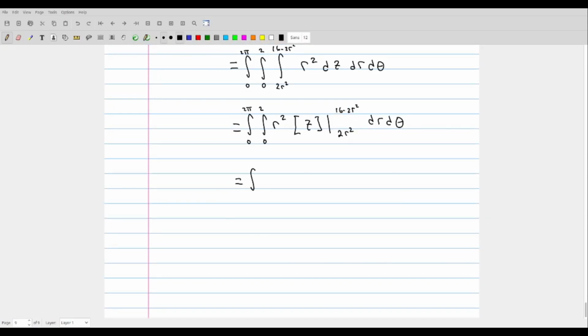Which will be equal to the integral from 0 to 2 pi, integral from 0 to 2. And when you plug in the bounds for z, it becomes 16 minus 2r squared minus 2r squared, just the fundamental theorem of calculus applied to that antiderivative.